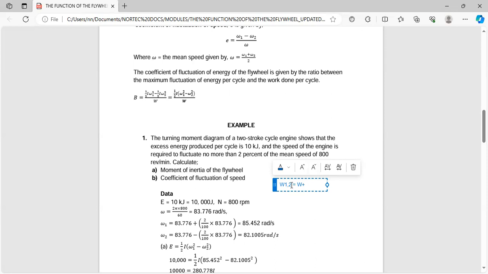In fact, we can even make it smarter like that: plus the fluctuation. Oh, sorry, let me make it the speed fluctuation.